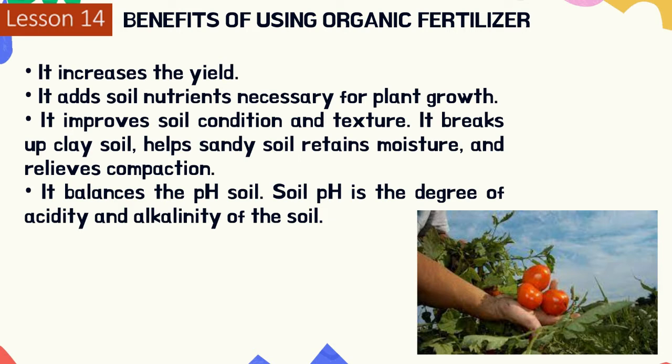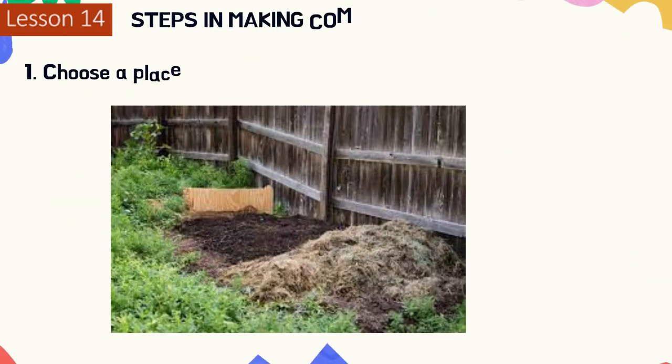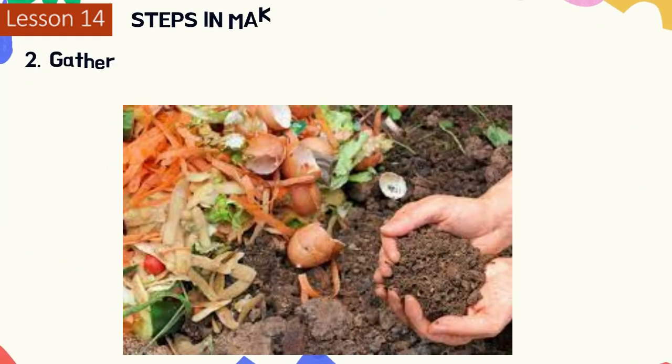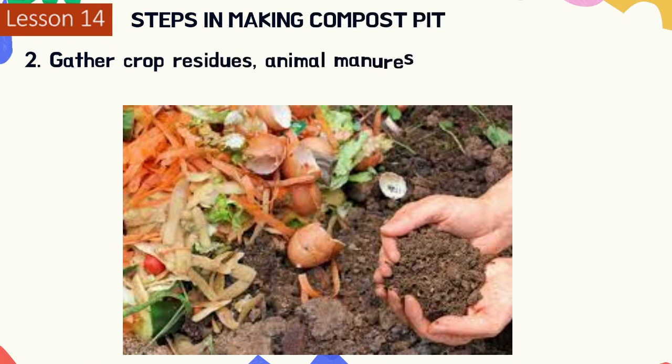Now, we will discuss the steps in making a compost pit. Number 1. Choose a place where to make a compost pit or fertilizer. The place should be near the water supply and should also be well drained. Number 2.